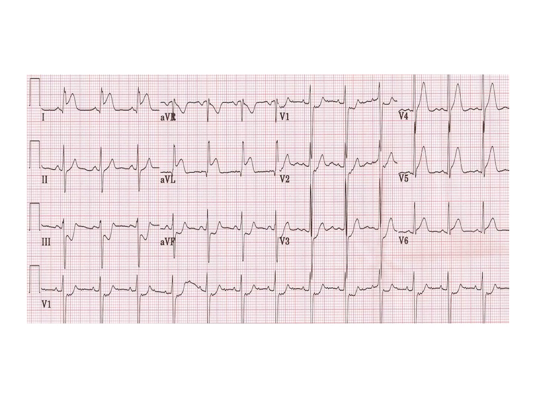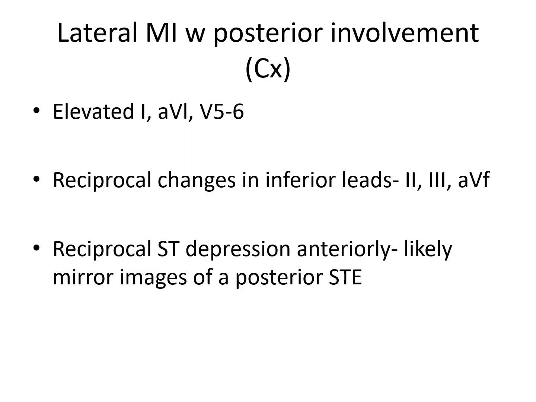However, if we take a careful look at the anterior leads, so V1, V2, V3, we'll see there are some ST depressions there. So that raises the possibility that this is in fact a lateral MI with posterior involvement, and these ST depressions are mirror images of the ST elevations that we would see if we did a 15 lead ECG, as we discussed in the previous slide.